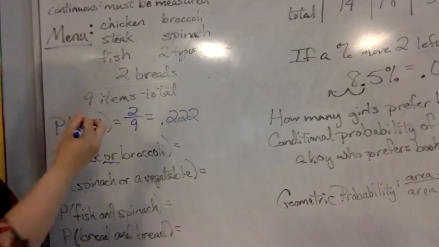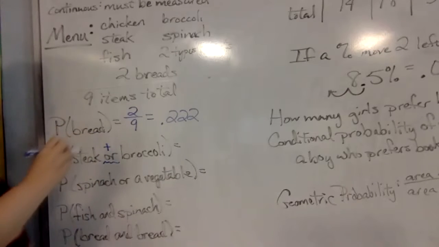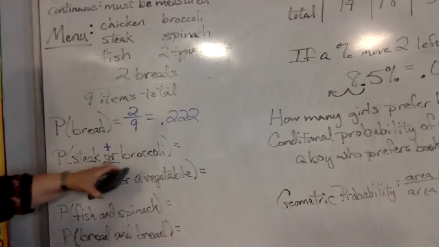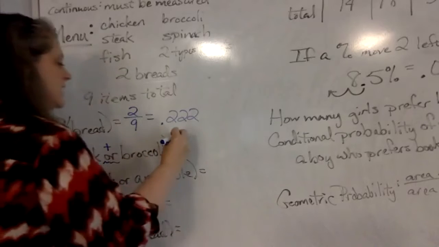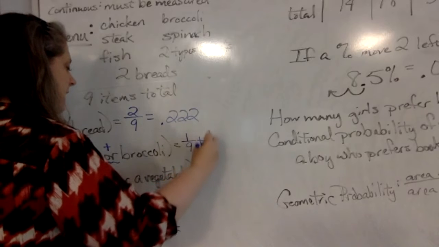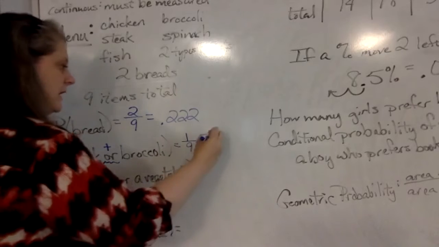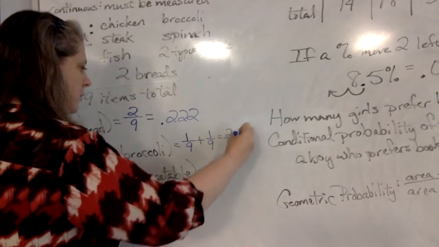Nope. Add. When it says or, we add. Because you can have steak or broccoli. You're not having both together. So I have 1 chance out of 9 of getting steak. I have 1 chance out of 9 of getting broccoli. So that's 2 ninths.